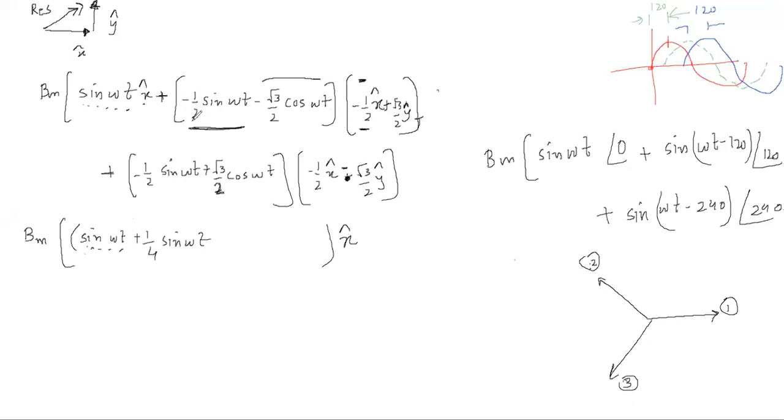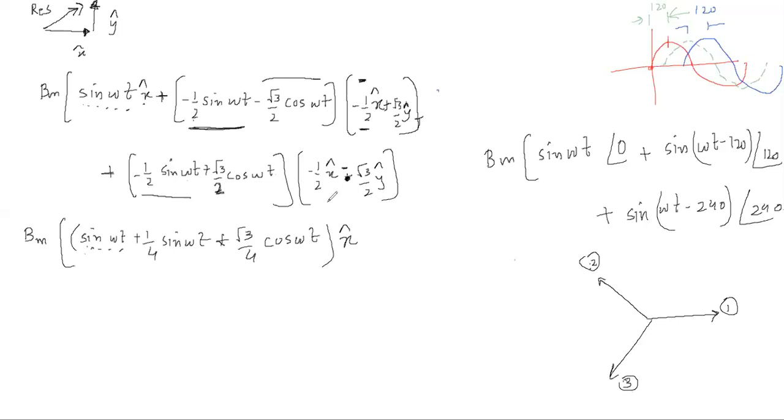So for the second one, when I multiply this by this, I will get 1 over 4 sine omega t, and when I multiply this one by this one, I will get root 3 over 4 cos omega t. And then I will also have two more terms from this one.